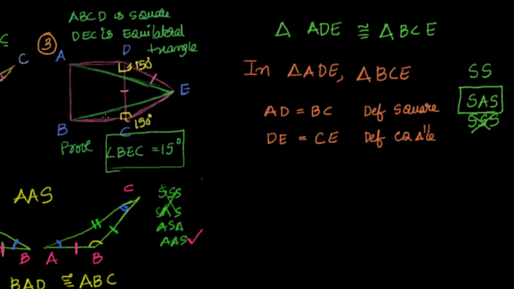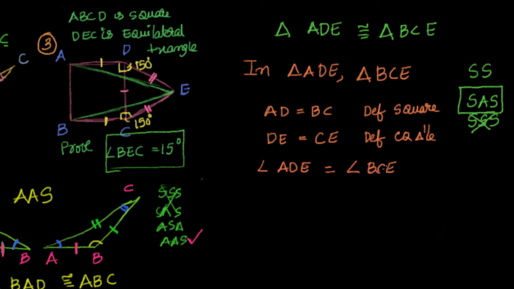Now I know this side is equal to this side, and these two sides are equal. I know that, and also I know the angles are equal. So what is the angle? Angle ADE is equal to angle BCE.